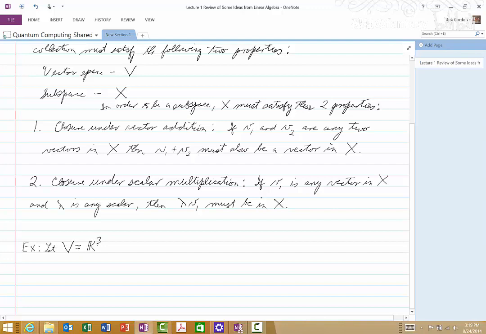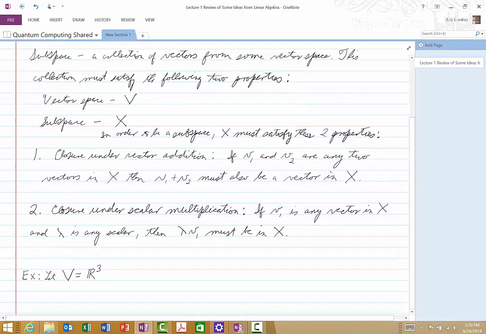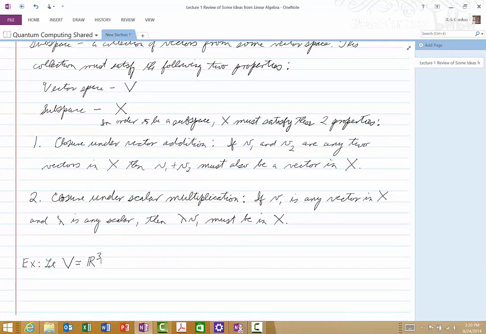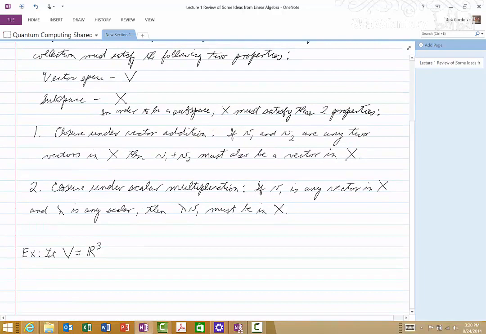This is the set of all vectors with three real components, and I'll just tell you that that is a vector space. If you looked up those properties that a vector space must have, in the textbook, and checked them, you would see that R3 is indeed a vector space. So for the sake of this example, I'm going to let V be equal to R3.